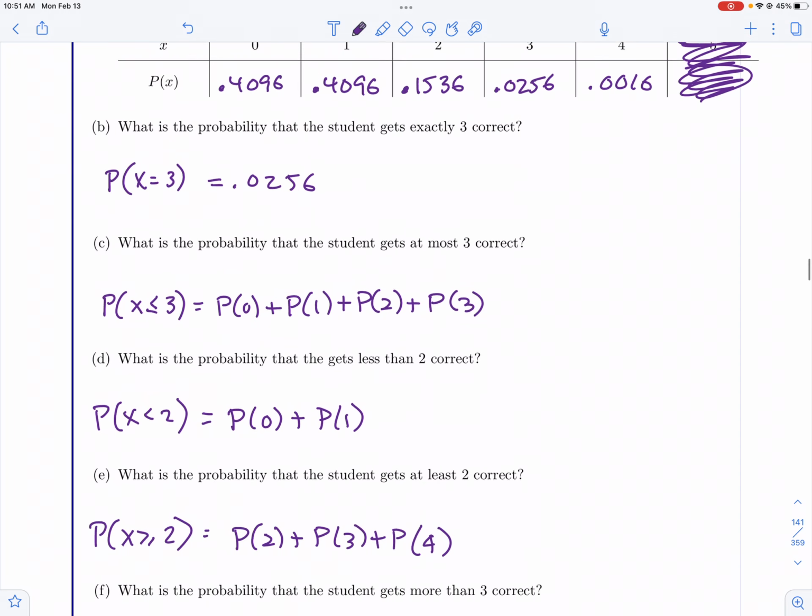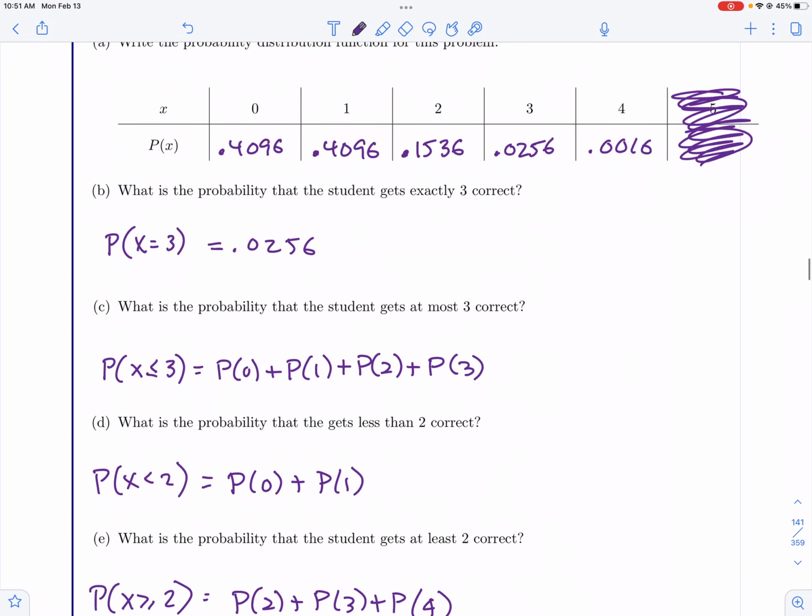All right, so this is how we pretty much did this in the last section. So now we want to talk about how I could redo these without drawing the chart ahead of time and just using my binomial PDF and my binomial CDF commands. So for problem B, since this is a single value that we're interested in, using the calculator, we could have just typed this in as binomial PDF.